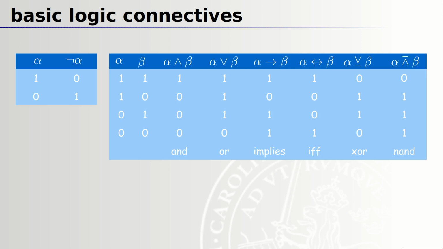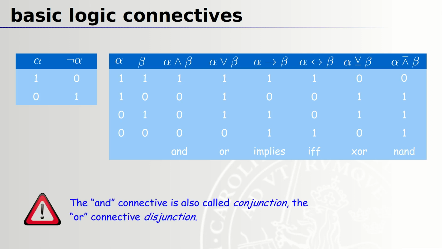The AND operator is often referred to as conjunction, while the OR operator is called disjunction. With this, you could build a truth table for any expression using these operators.